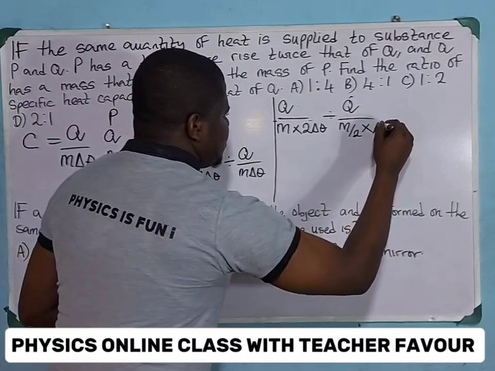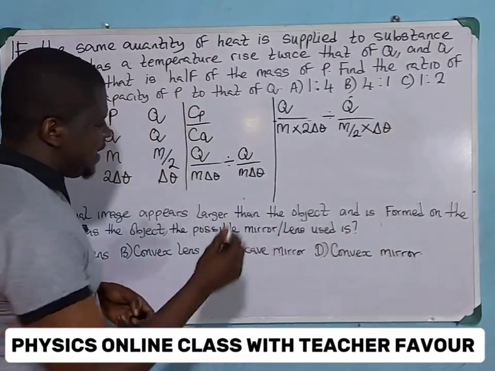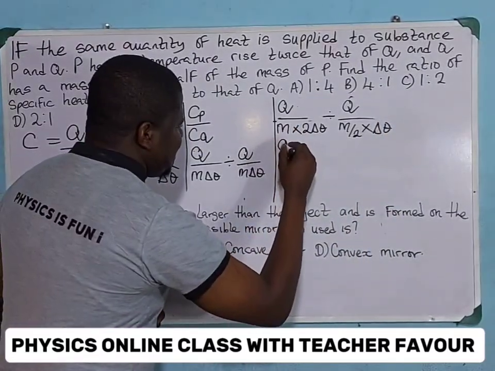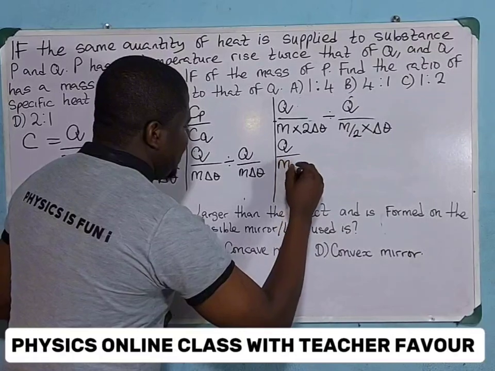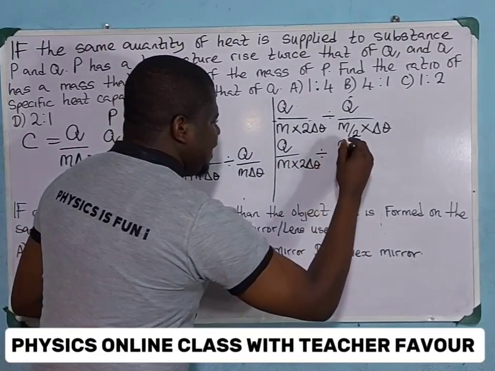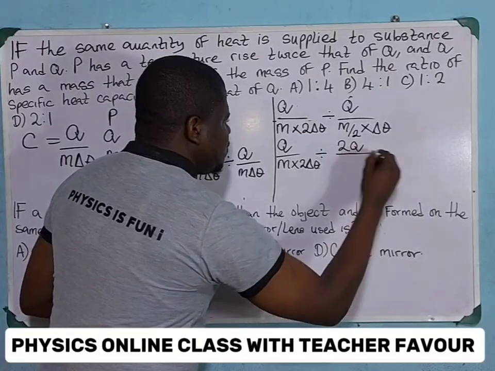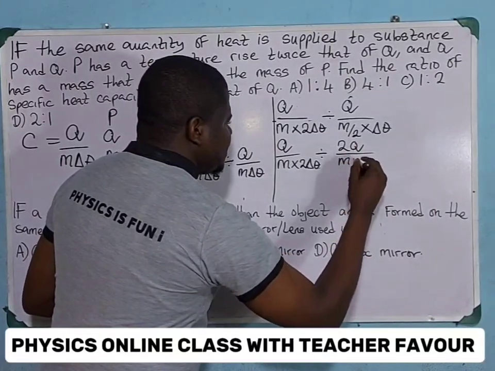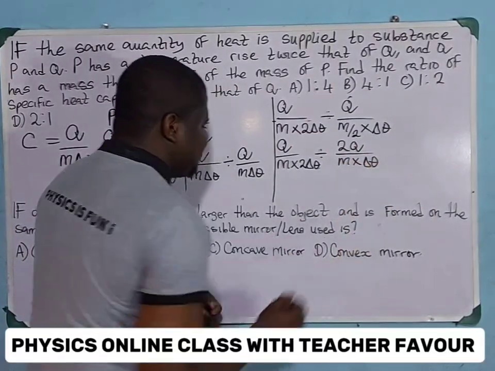Remember, this is still the same thing as Q over M times 2 delta theta divided by 2Q over M times delta theta.